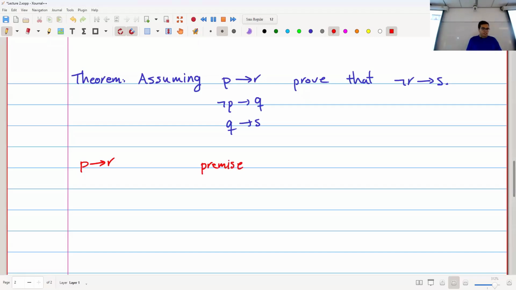Now, what can I do to rewrite this? So another thing that I can do is, remember, I talked about this idea of equivalence. I said that if I have two equivalent formulas, or if I have two equivalent statements, I can always replace them with each other.